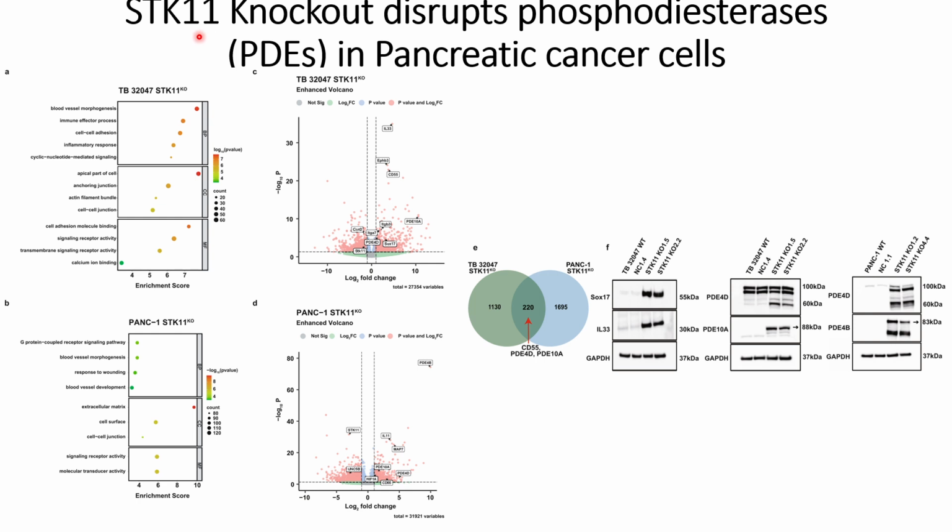In that, we found that STK11 knockouts cause migration and metastasis of the tumor cells comparatively faster than the wild type pancreatic tumor cells.